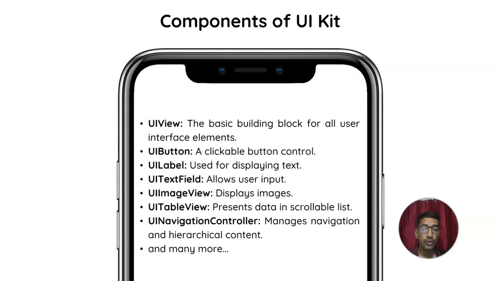UI image view helps the user to display images. Then UI table. UI table helps to present the data in a scrollable list. Then UI navigation controller. It helps to manage navigation and hierarchical content. And there are many more other components that we can use in iOS development to build our application.